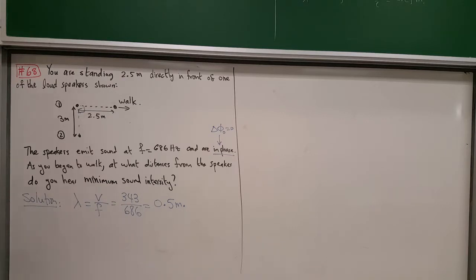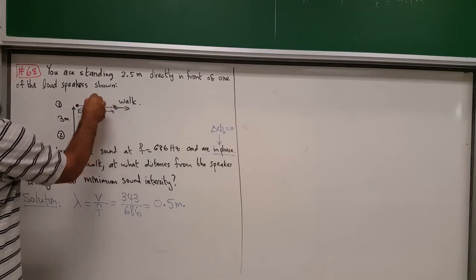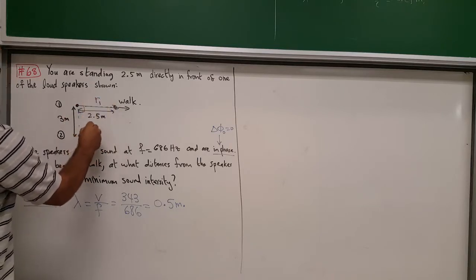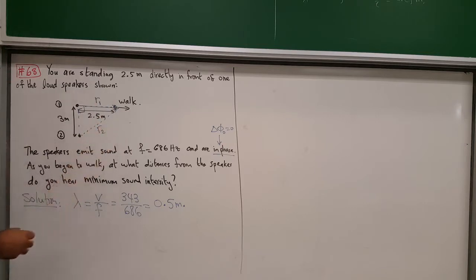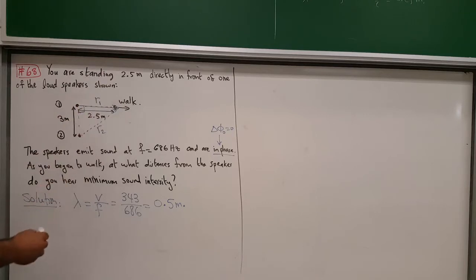So, how are we going to do this? Well, it's not that bad. The distance from here to where you are is R1, and the distance from the other speaker to you would be R2. R1 is just how far you are, you don't have to use the Pythagorean theorem.